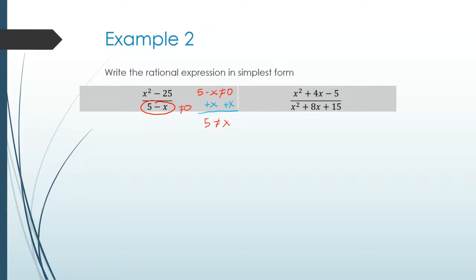So I'm going to do what I did in the previous example, where in our denominator, I want to put that x first. So I'm going to start by rewriting it. So I have x squared minus 25, and then I have to make sure my signs match up, so that becomes a negative x plus 5. Once I've rewritten that, now I need to factor.